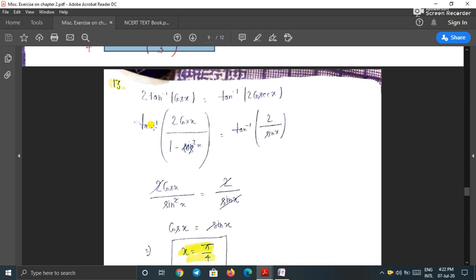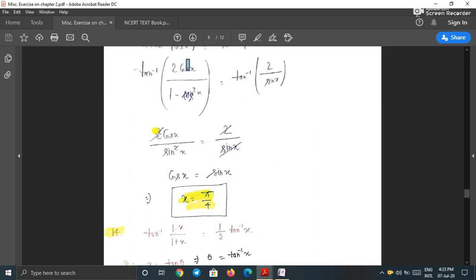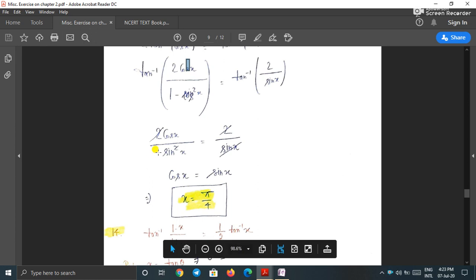So using this property, tan inverse 2x, here you do 2 cos x upon 1 minus cos square x is equal to tan inverse 2 cosec x. Cosec x can be written as 1 upon sin x. So tan inverse and tan inverse, comparing both sides, 2 cos x upon sin square x, 2 upon sin x.